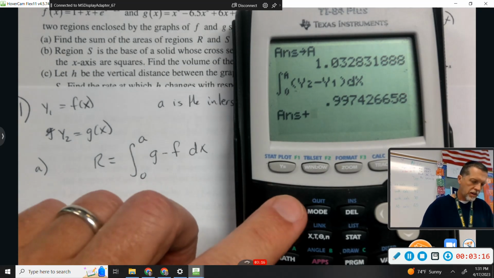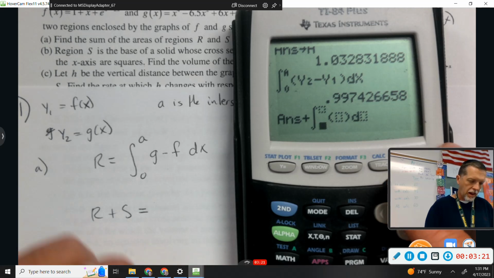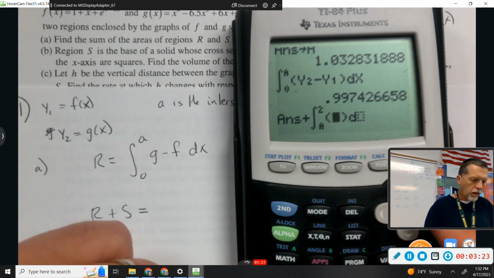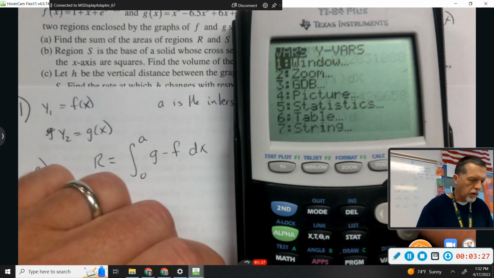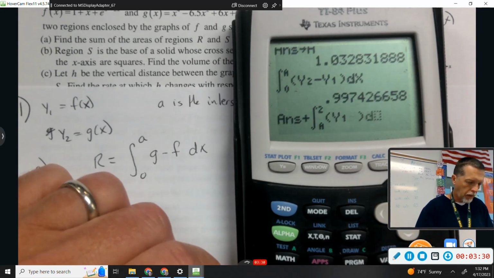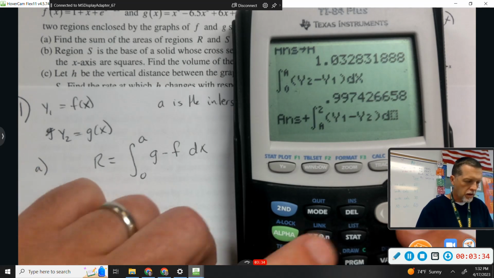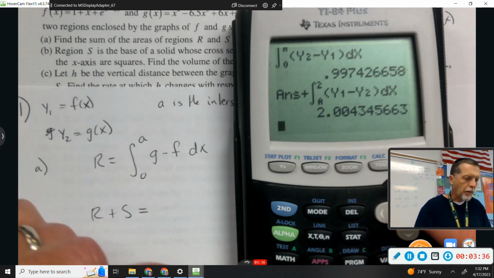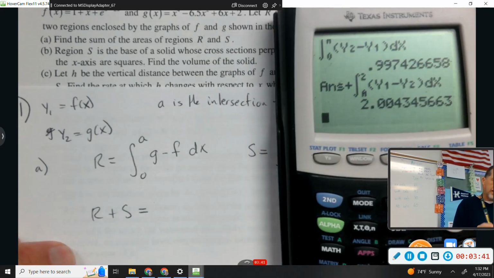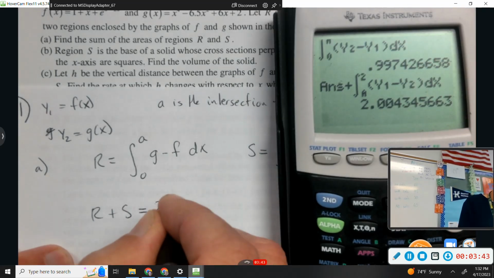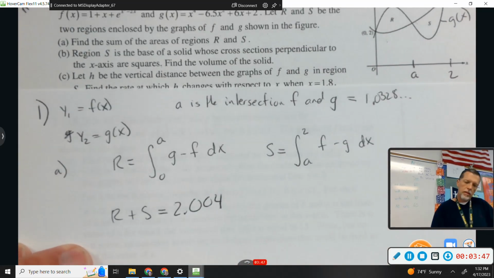Plus math 9, A to 2 of the other way around, y1 minus y2 this time, dx, and that one should be positive as well. So R plus S is 2.004.